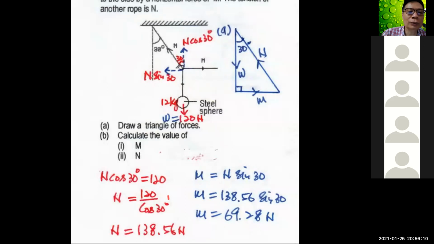So M equals N sine 30. Substitute, press the calculator, you get this answer. So solved already. Using the equilibrium concept and also the resolution of forces concept, we can manage to solve the question. Understand? Take your time, go and understand it now.